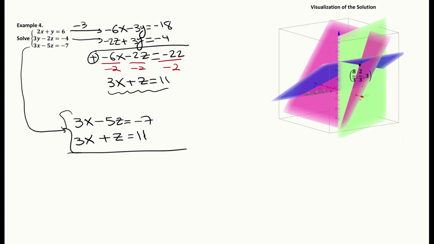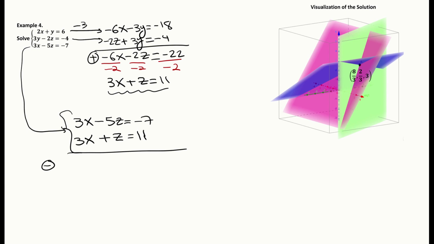Now, in order to eliminate x, I could multiply one equation by -1, etc. But I don't have to. I can just subtract the equations. That's a nice trick to know about, because why waste time with an extra step you don't need? Just go ahead and subtract the equations.